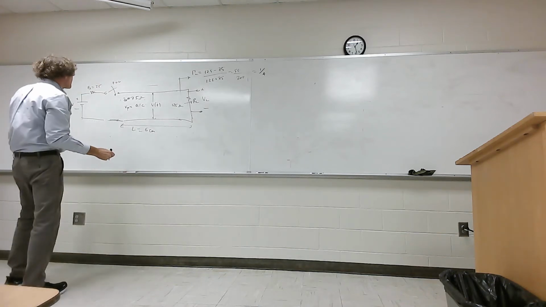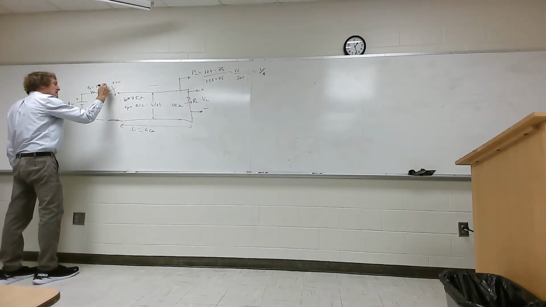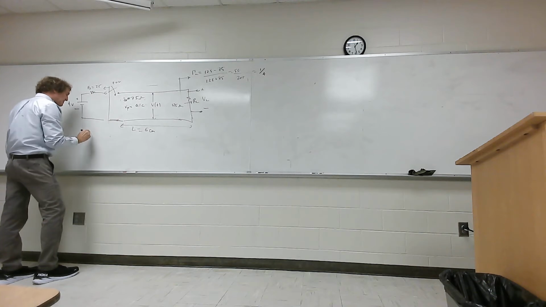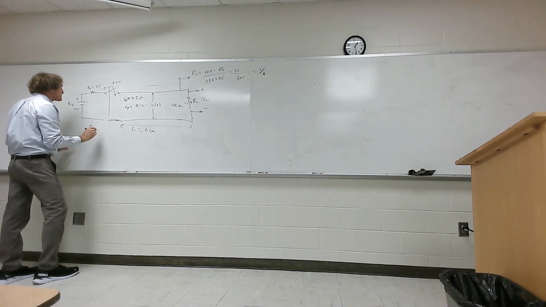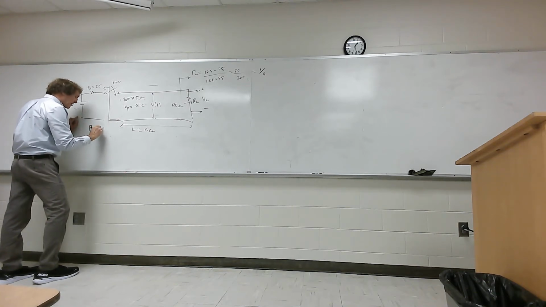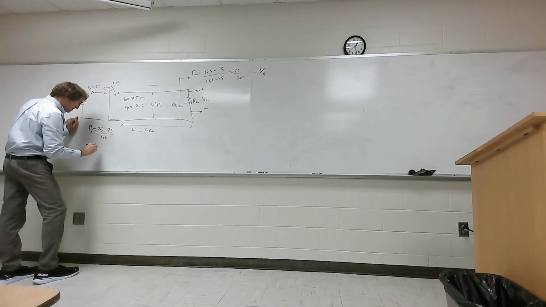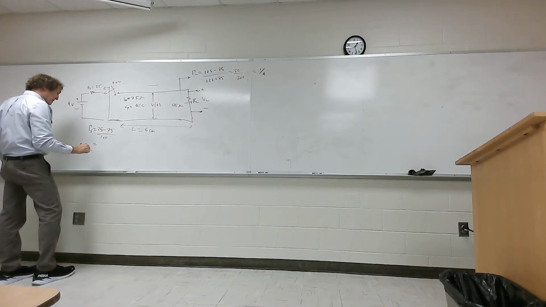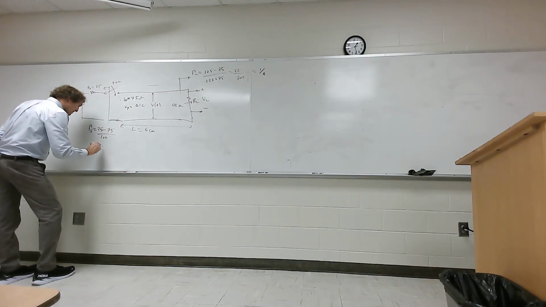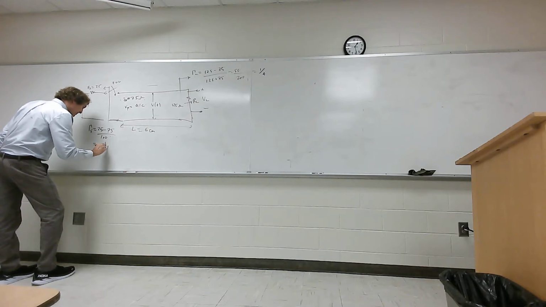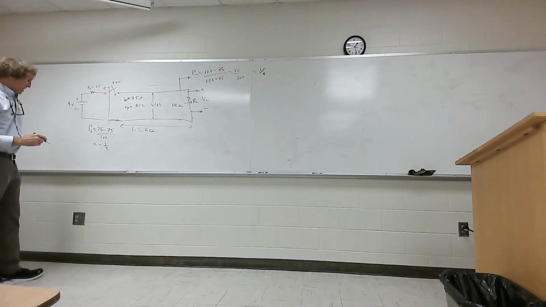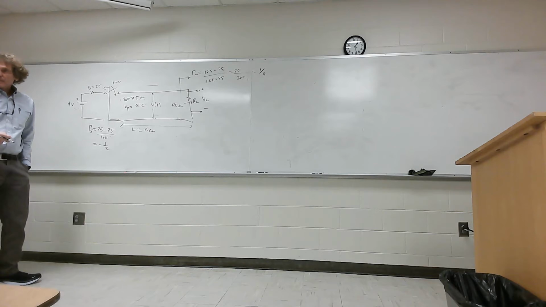Down here, when I come this way, the reflection coefficient at the source is equal to 25 minus 75 over 100. So that's going to be equal to minus 1/2. You all agree with that, class?